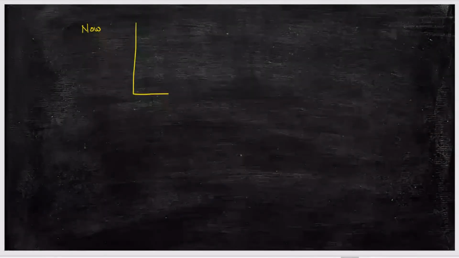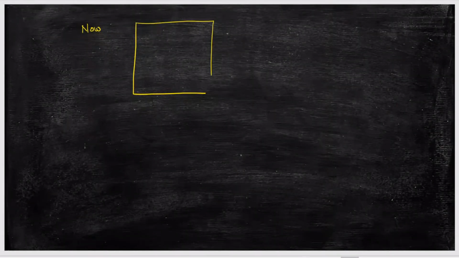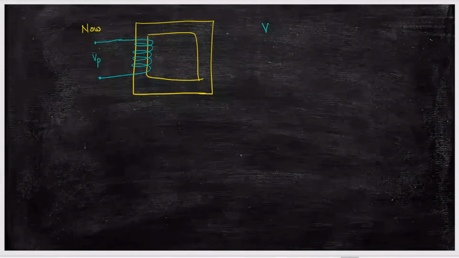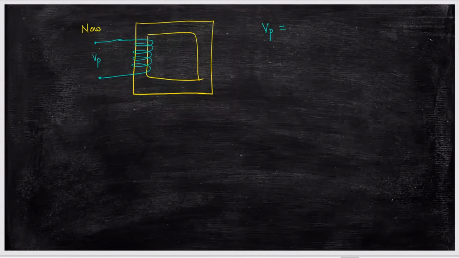Suppose this is your transformer, and for this transformer we have wound two windings. One is called the primary winding, and the second one is called the secondary winding. Suppose this is your primary winding, and the voltage you applied to it is Vp, where Vp is equal to Vm sin omega t.